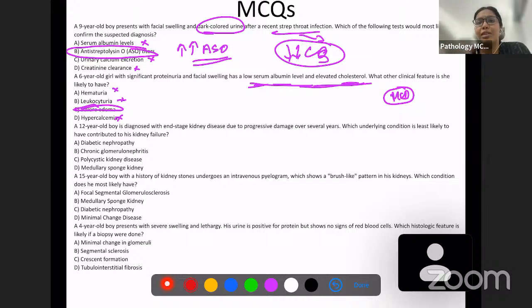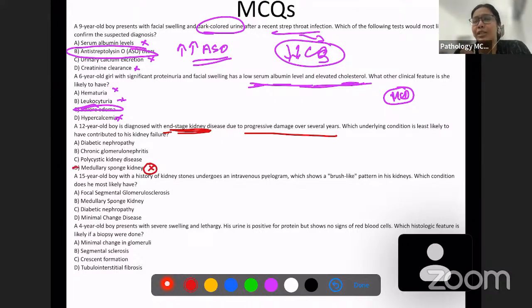Now a 12-year-old boy is diagnosed with end-stage renal disease due to progressive damage over several years. Which underlying condition is he likely to have had contribute? So now here we know that this 12-year-old boy has end-stage kidney disease. Okay, so this has to be a childhood condition. We know at this point that medullary sponge kidney will not lead to end-stage kidney disease.